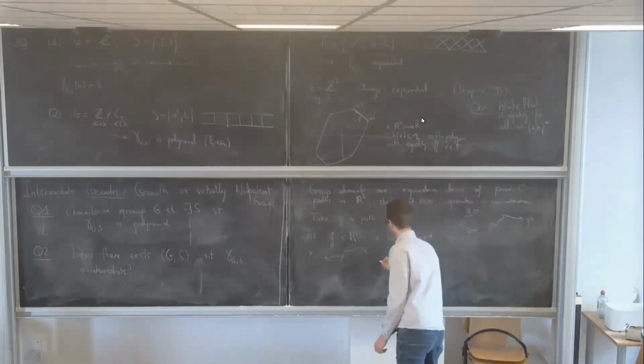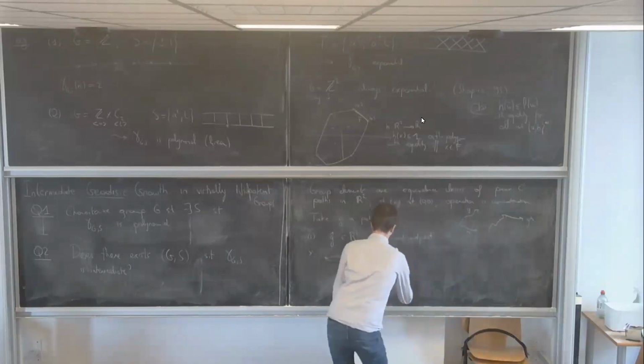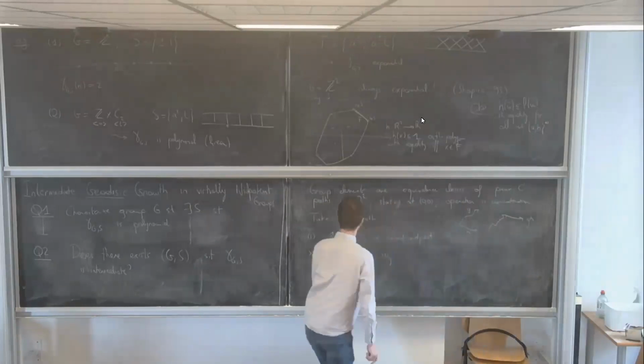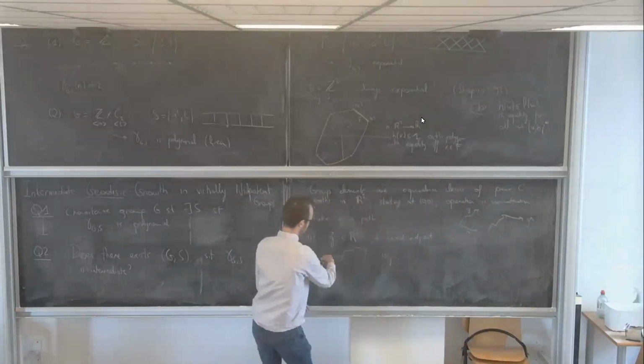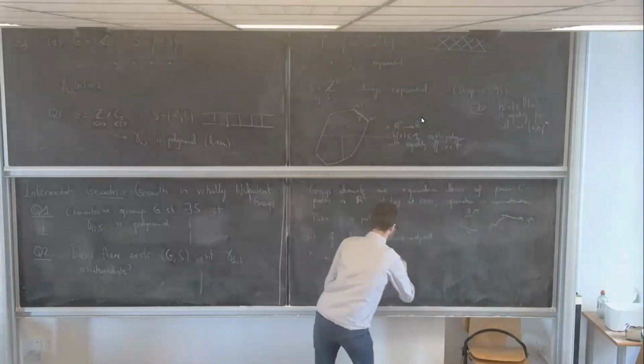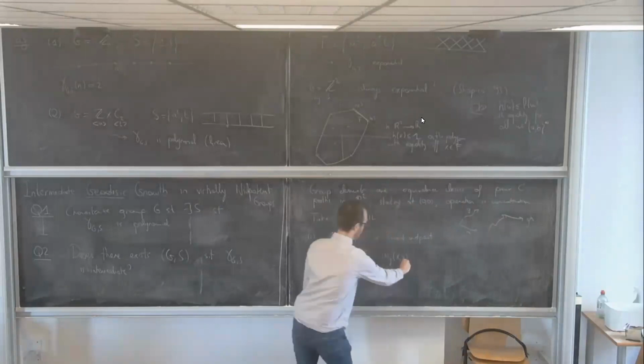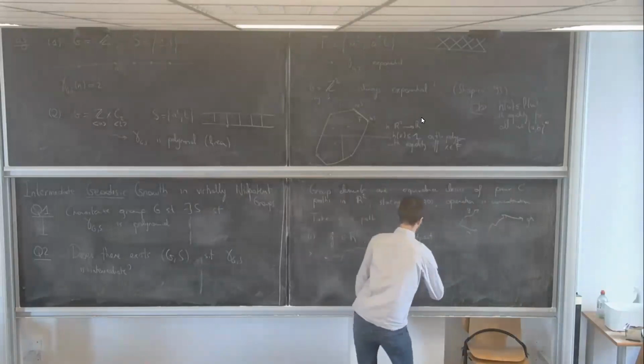So the function I'm going to define is the winding number of g, or actually the closed version of it, around x,y, a point in the plane.